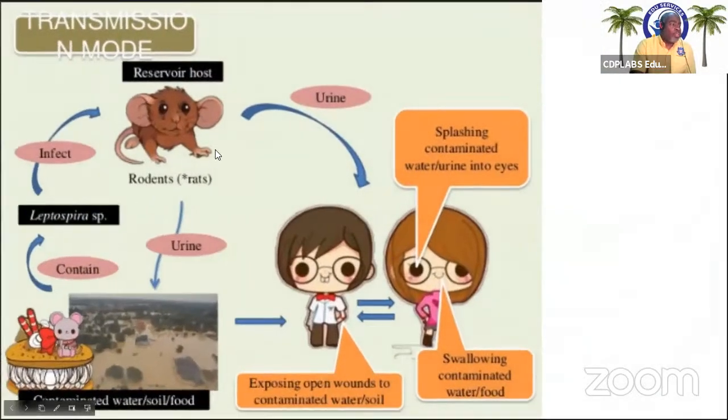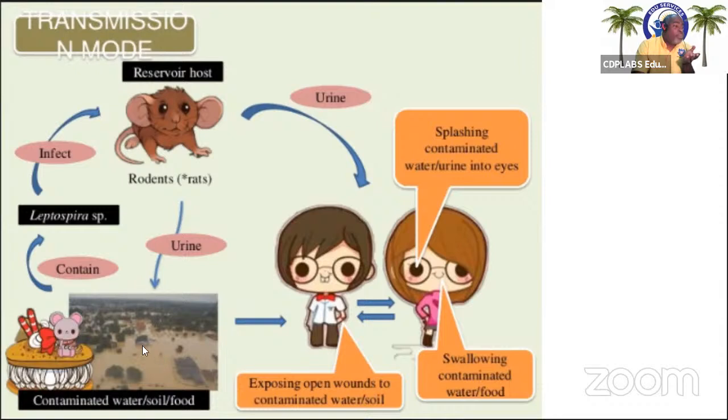All right. So a bit of repetition. Of course, the reservoir host, the rodent, is the vector. So it passes urine, then contaminates the flood water. I mentioned the flood, and then it becomes infected too. So even the flood itself carries the bacteria.